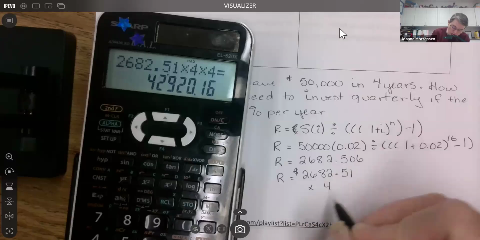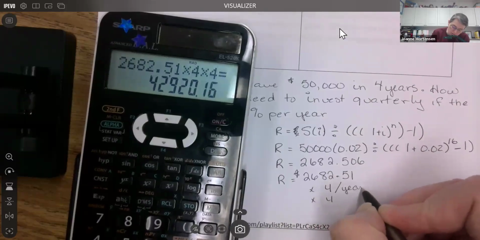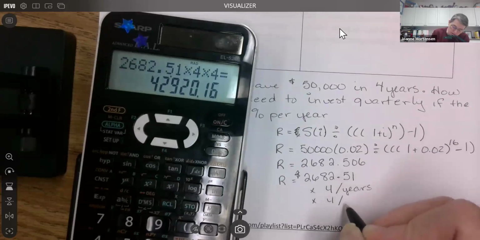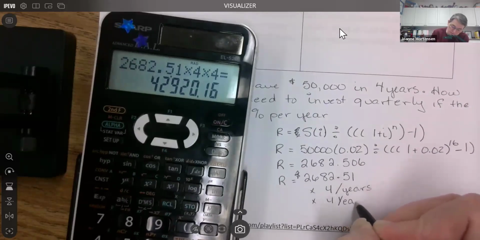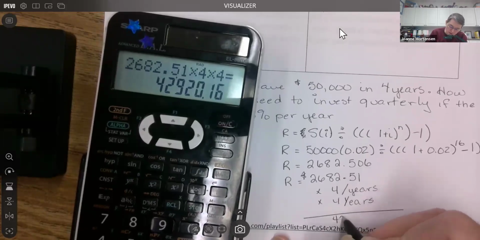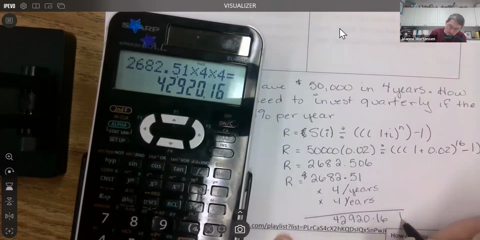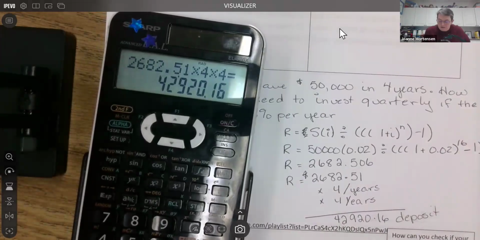Times 4 per year. You don't need to do this part. 4 years. So he actually deposited 42,920.16. So he put in about $43,000, and with his interest, it came out to $50,000.